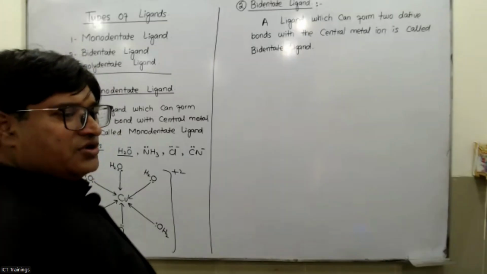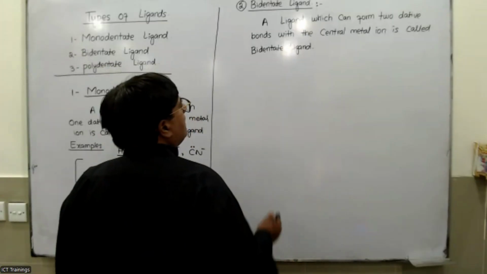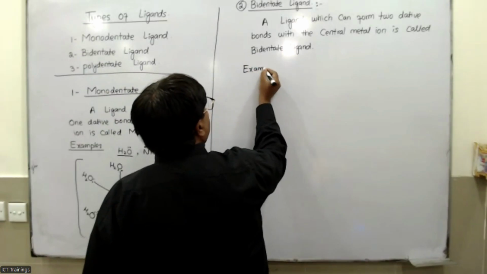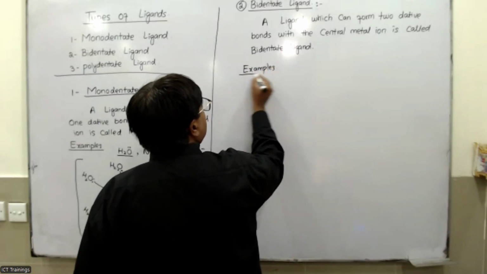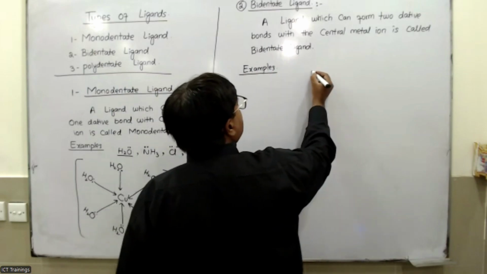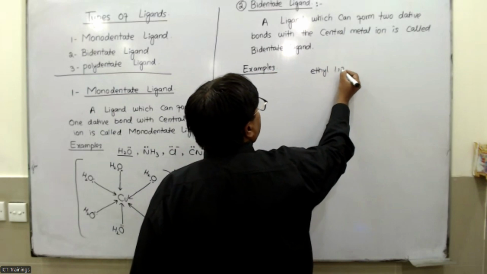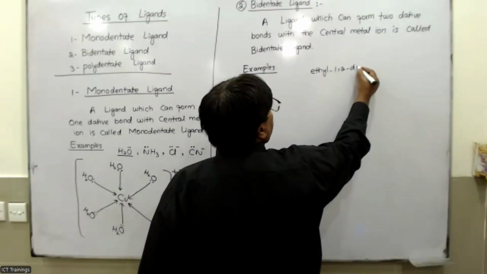Okay, my dear students, now we are going to discuss the examples. The two examples are in your syllabus. The first one, I'm going to write down the name first of all, ethyl 1,2-diamine.